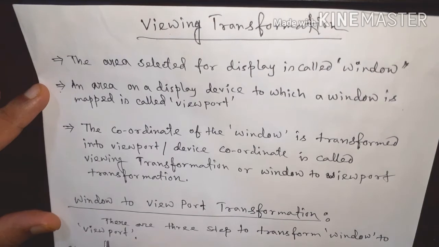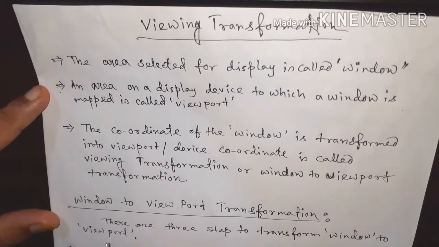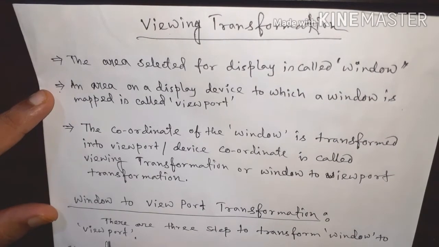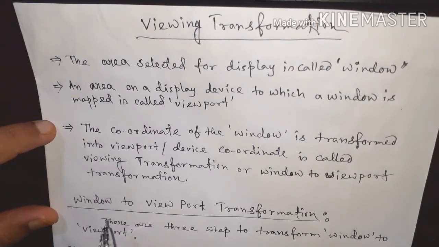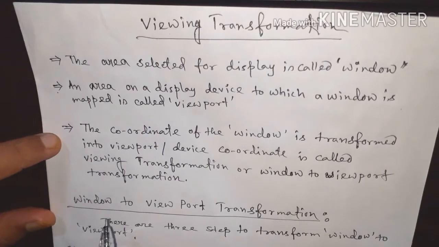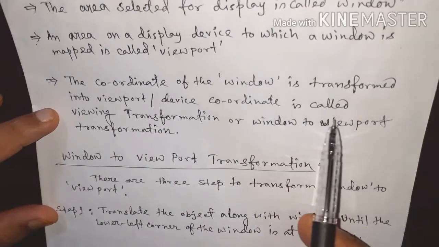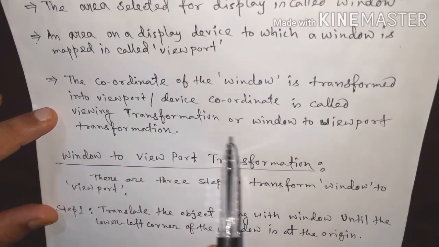The interested portion which we want to select of an image, the selected portion of the image for display, is called a window, and an area on a display device to which the window is mapped is called a viewport. The transformation of the window coordinates into viewport or device coordinates is called viewing transformation or window to viewport transformation.